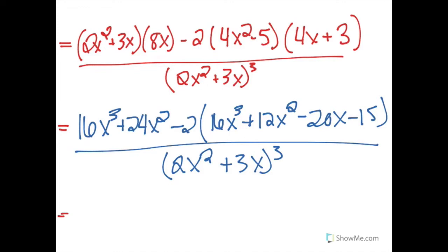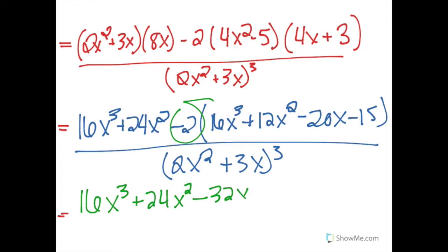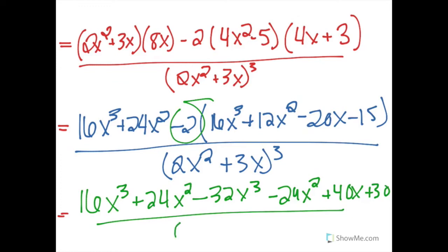Now I'm going to take the 2 and simplify this way, so then we have 16x cubed plus 24x squared minus 32x cubed minus 24x squared plus 40x plus 30, all over your denominator of 2x squared plus 3 raised to the third.